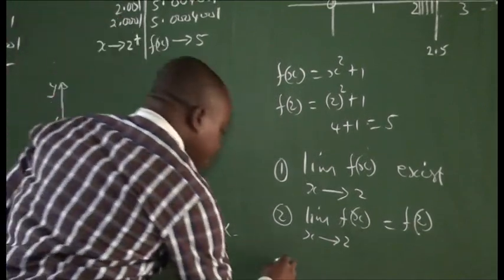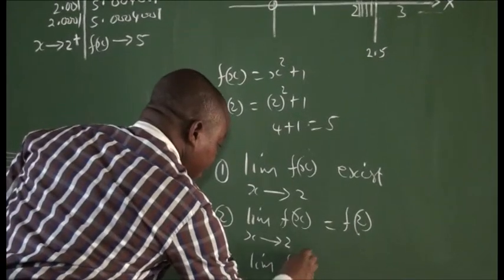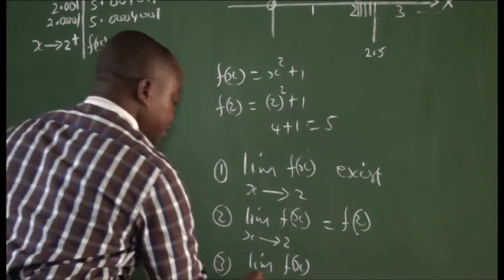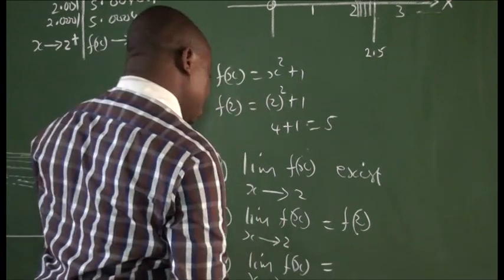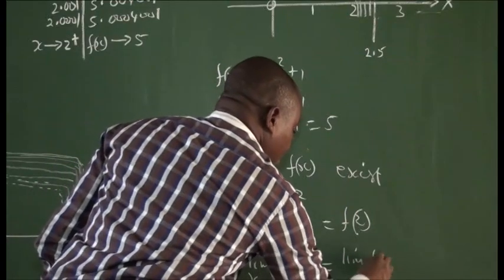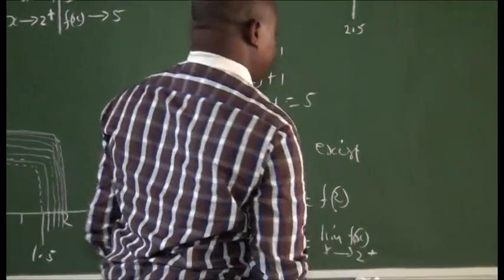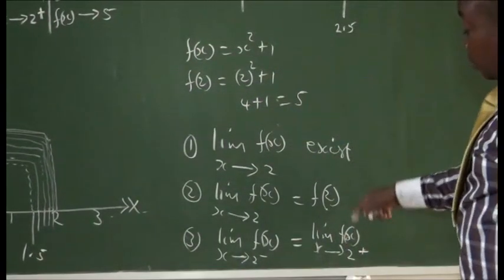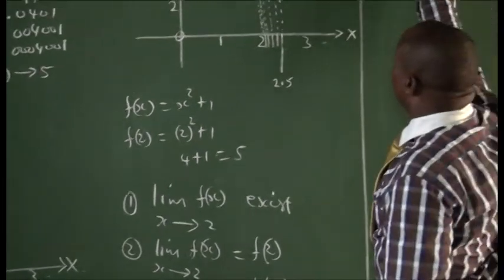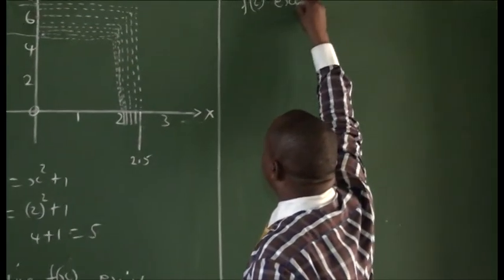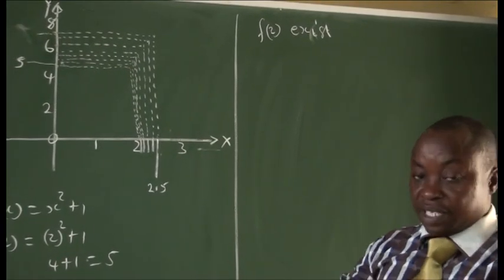Another property is that the limit of f of x as x approaches 2 from the left is also equal to the limit of f of x as x approaches 2 from the right. Now, this property number 3 implies that f of 2 exists. That is what it means.